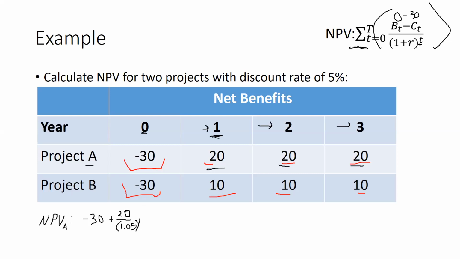Any questions on how we got that? So the present value of $20 a year from now at this interest rate is going to be like $19.04, give or take. And as always, apologies for my e-pen handwriting, but can everyone see that okay?